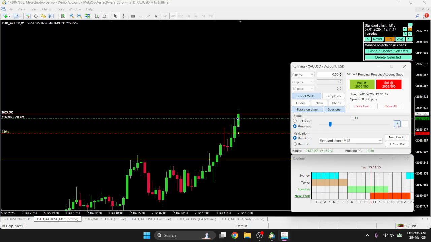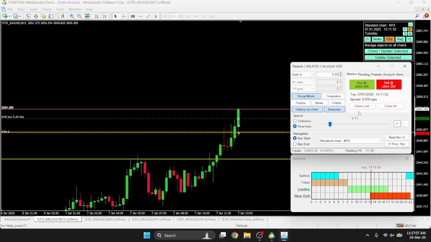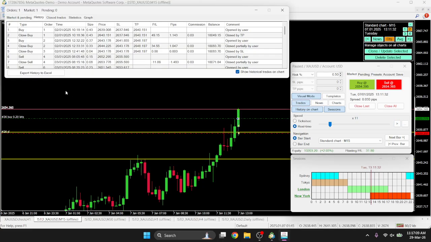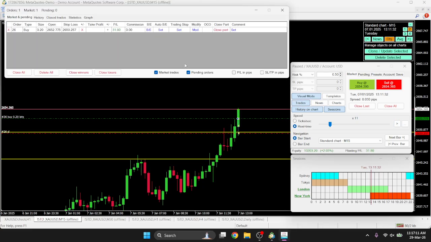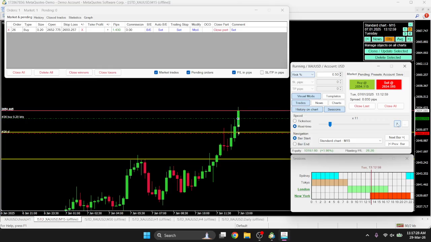And it's moving up. Very nice. Okay, we are right now at 16 pips of profit. If it comes back to its entry price again, I'll close half of my position.